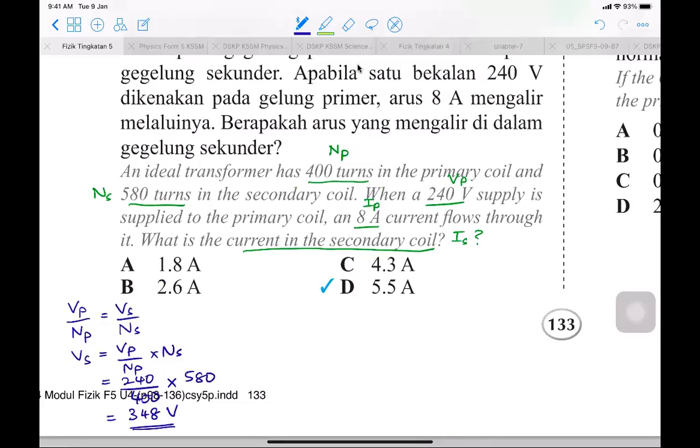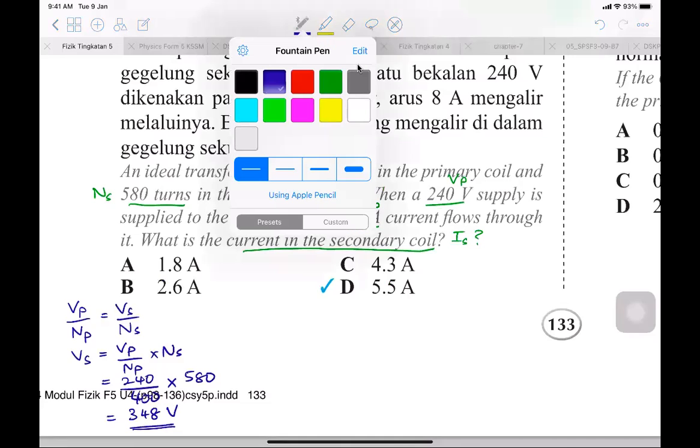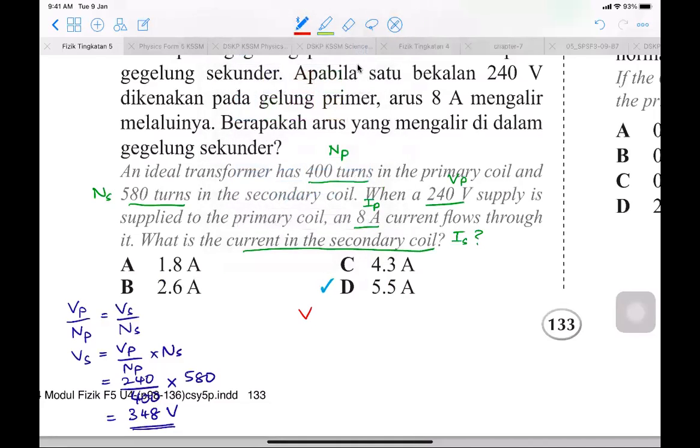Oke, itu untuk VS. Now to get dia punya IS, then we can use this formula by using adalah VP IP equals to VS IS. So to find the value of IS, VP IP over VS.